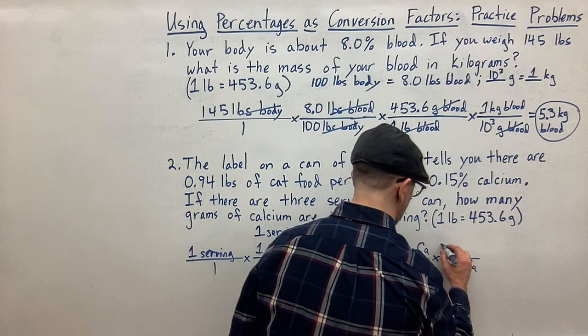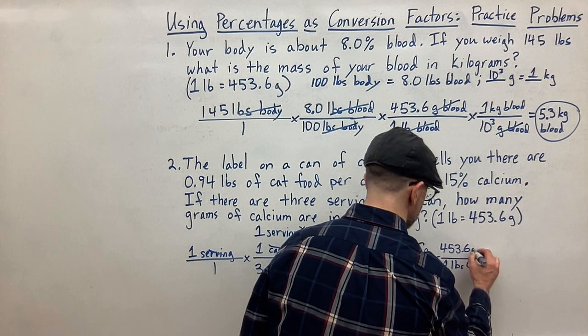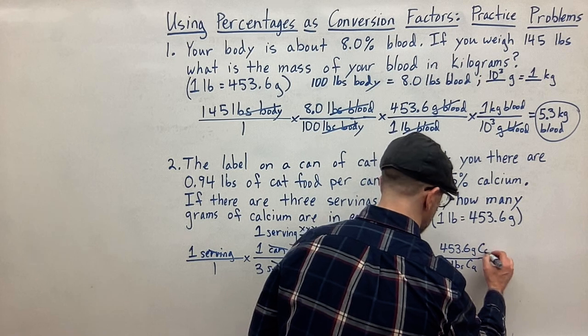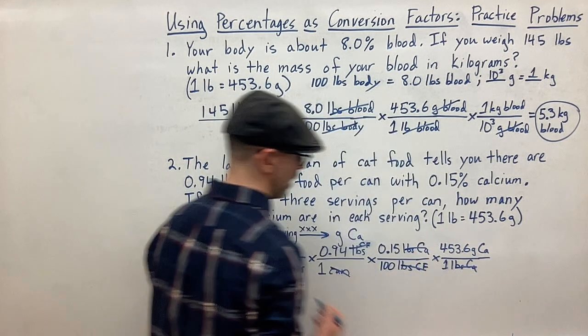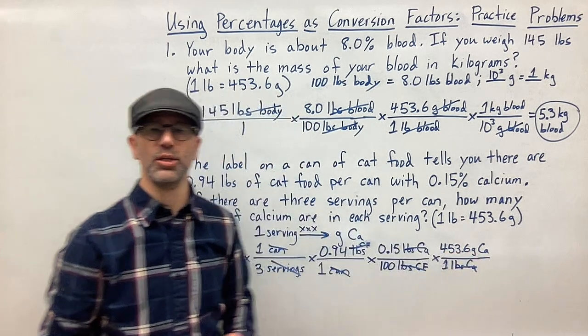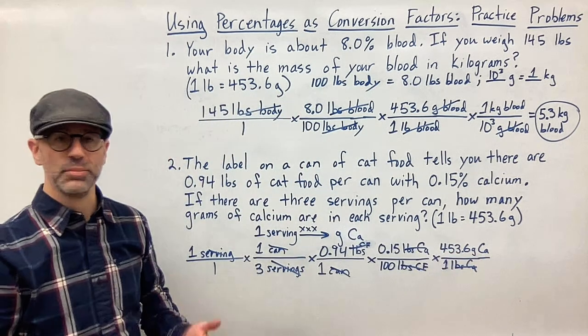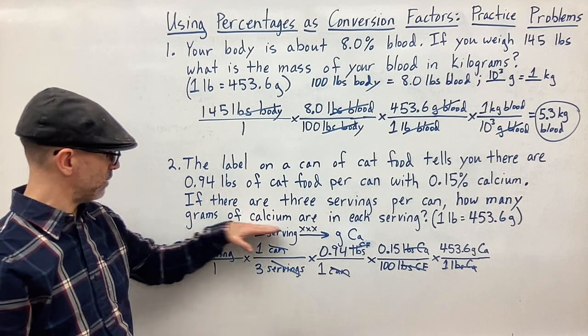And I'll put 453.6 grams of calcium on the top. So pounds of calcium cancel out. Now I have grams of calcium on top. So I am done because that's what the problem is asking for. It's asking for grams of calcium.